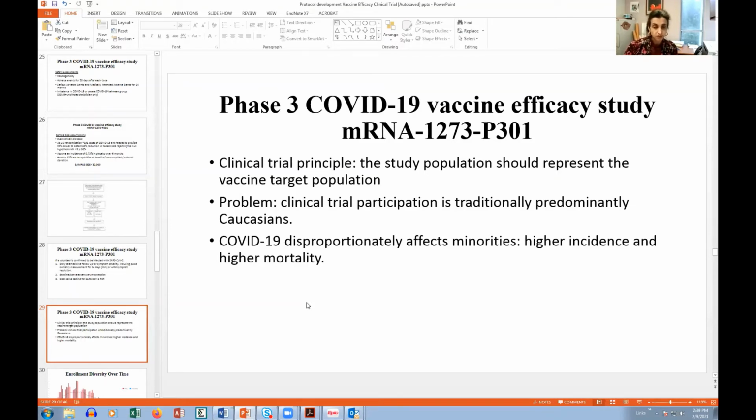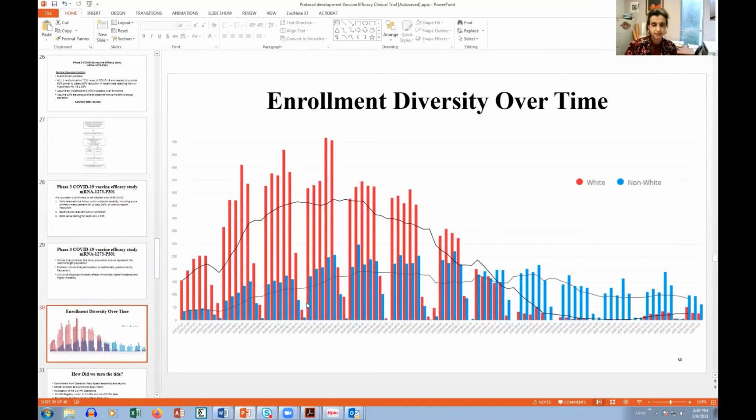One problem we faced is that clinical trial participation is traditionally predominantly Caucasian, and that was just how it is in most studies. But COVID-19 disproportionately affects minorities. They have higher incidence of disease, higher mortality of disease. And this is how it began.